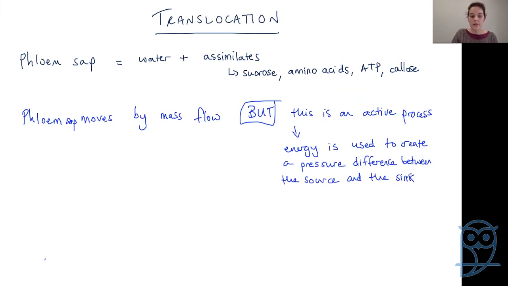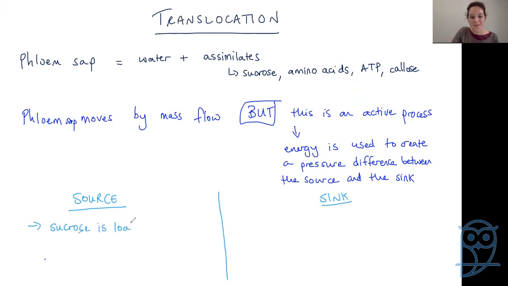Okay, so let's have a little bit more detail on how that actually happens. Okay, so we have at the source and we have at the sink. At the source, we have sucrose is loaded.